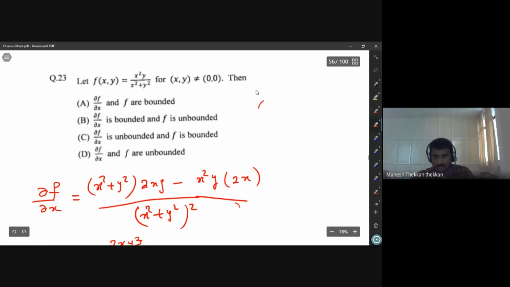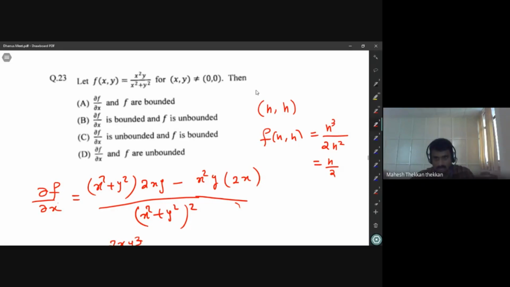Then what happens to f of n comma n? That will be n cube divided by 2n square, so that is n by 2. This sequence n comma n is going to infinity as n tends to infinity. So f of n comma n is also going to infinity.